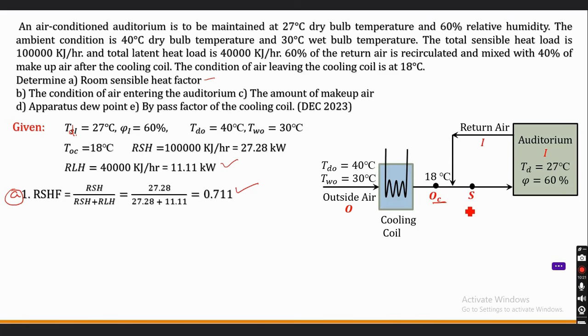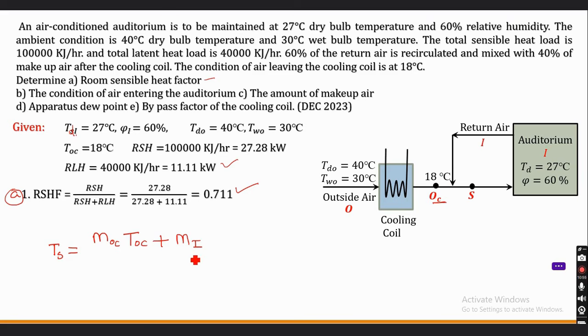So in order to find out the S condition, we have to find out the temperature of that, and we have the formula to find out the temperature of the mixed condition, like TS, that is the supply condition, equals MOC, that is the mass of the outside air after the cooling coil, multiplied by the temperature of that air, so temperature of air at OC, plus MI, the air of the second stream, that is return air only, right?